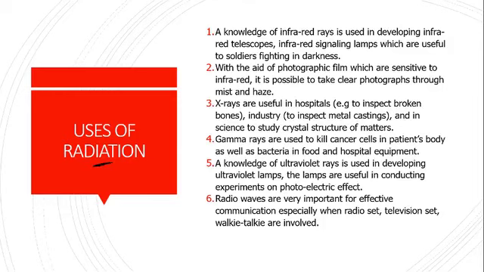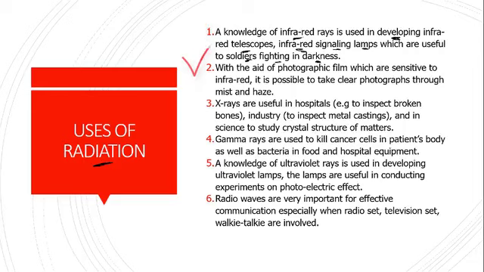Now, what are some uses of radiation? Of course, everything that has an advantage also has a disadvantage, but let's focus on the importance of some of these rays in the world of humanity. A knowledge of infrared rays has been useful in helping to develop infrared telescopes and infrared signaling lamps, which are useful to soldiers fighting in darkness. That is the first one.